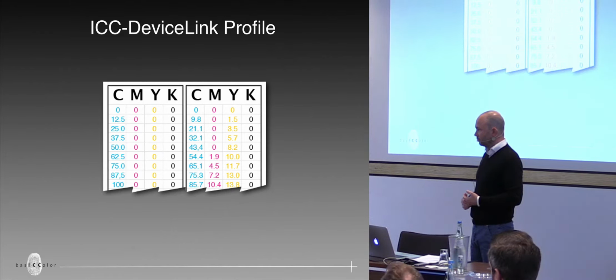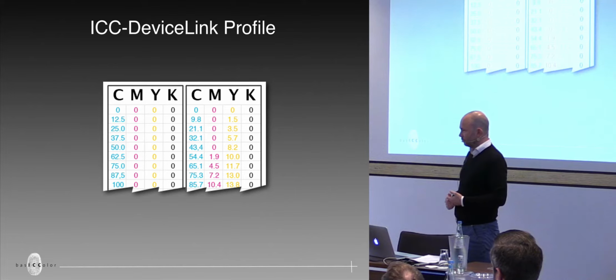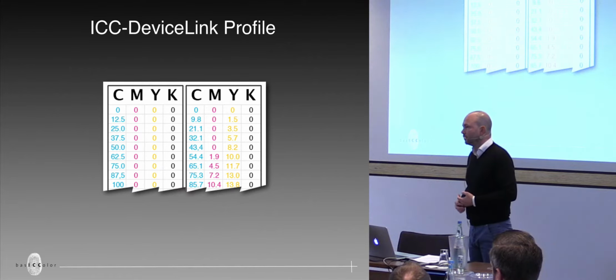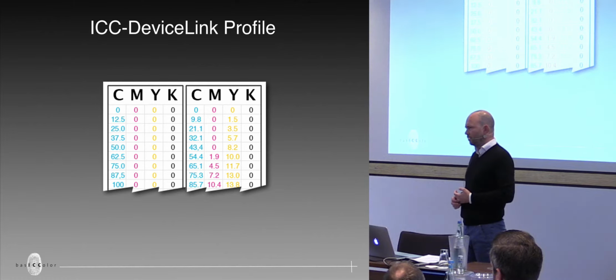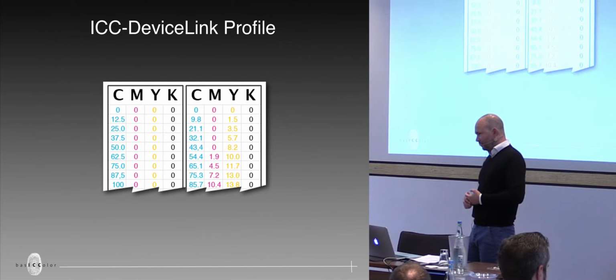So for the output intent of a PDF file you can't use a DeviceLink profile; you would need to use a single source or destination profile. Same case for Photoshop. If you have your private ICC destination profile, Photoshop cannot extract the original ICC profile from the DeviceLink profile.